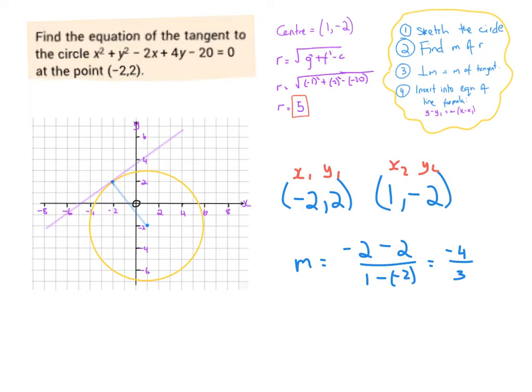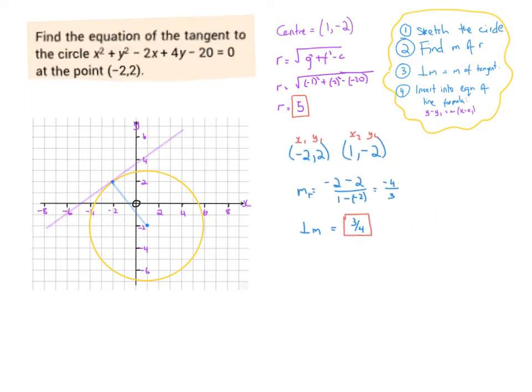And so that's the slope of our radius, which means the perpendicular slope is equal to 3 over 4. And that's the slope that's really important for us for our equation of the line of the tangent.